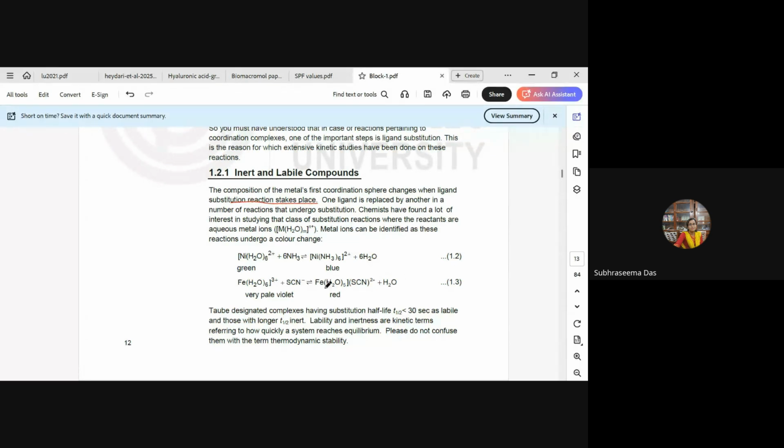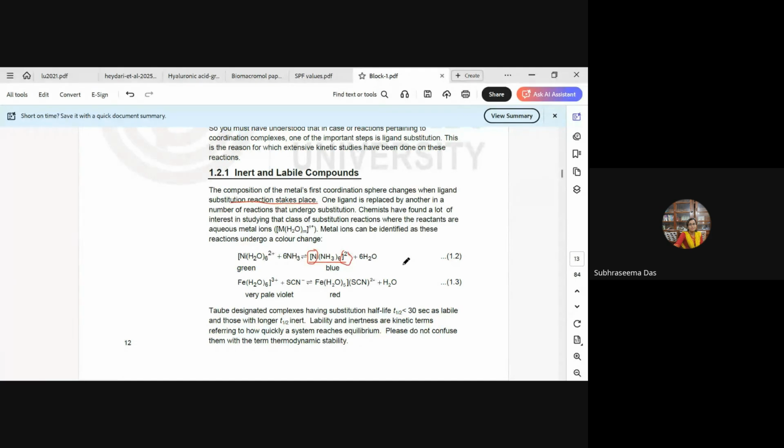The coordination sphere is the part which remains within the square brackets, as we represent coordination complexes in square brackets. So when a ligand substitution reaction takes place, the metal's coordination sphere changes.